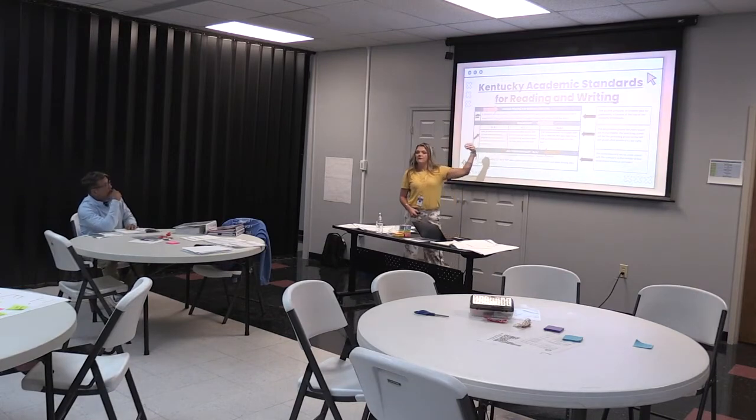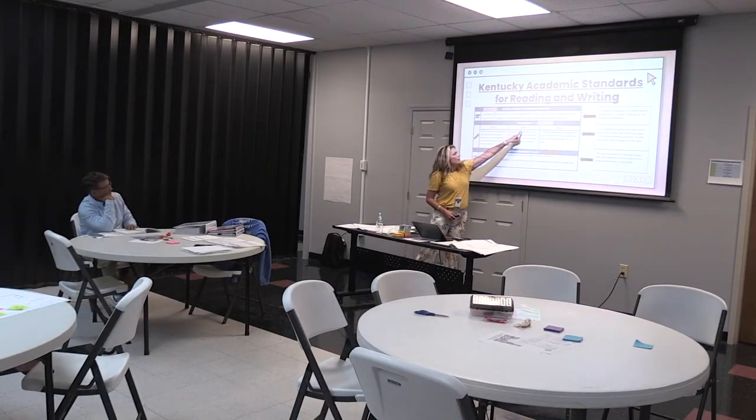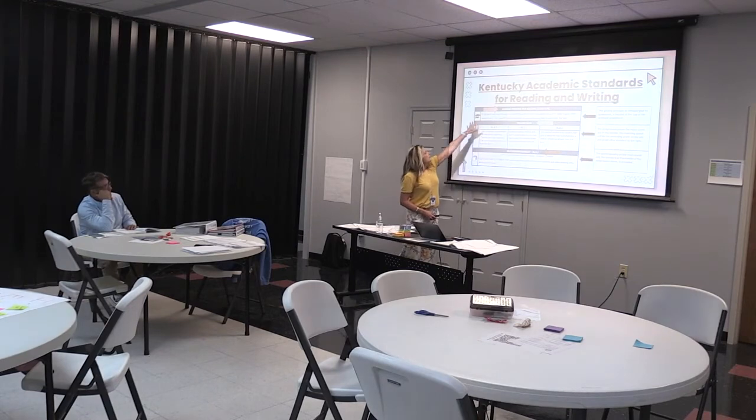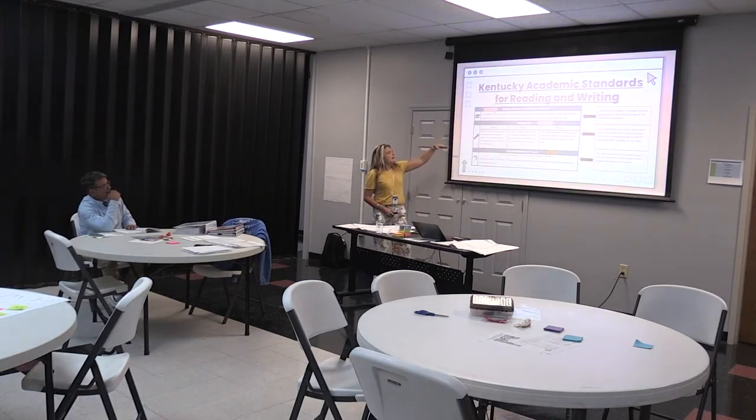For informational text, it would be RI. This is the grade level, and this is standard 1, okay? So this is what they have to know by the time they graduate high school. These standards lead up to your broader goal.